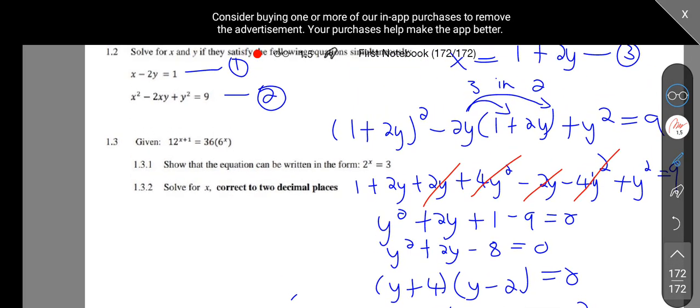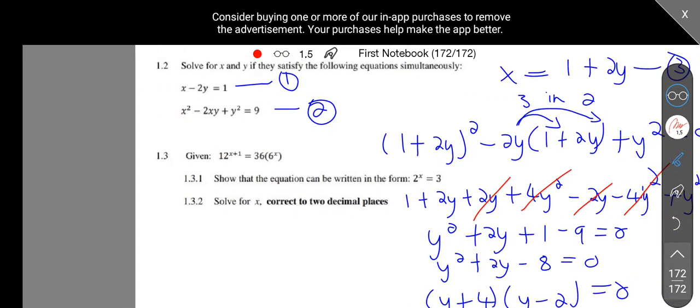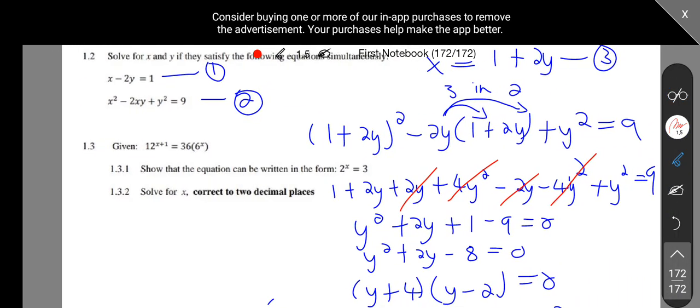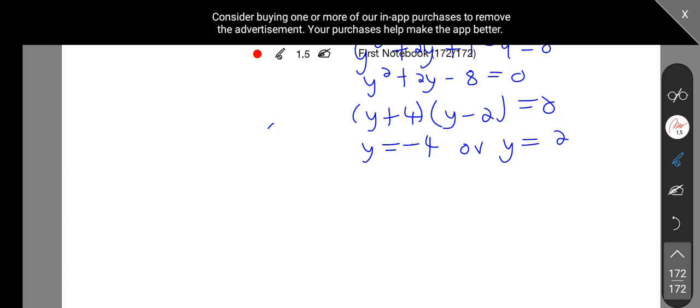So our expression for x is given as x equal to 1 plus 2y. It's this one here. So we're going to write it here. So let's find the value of x that matches with the value of y equal to negative 4.